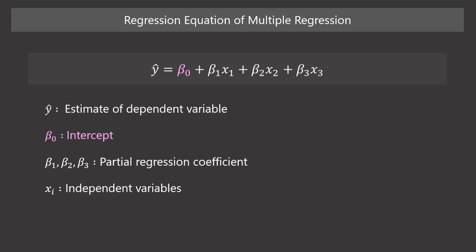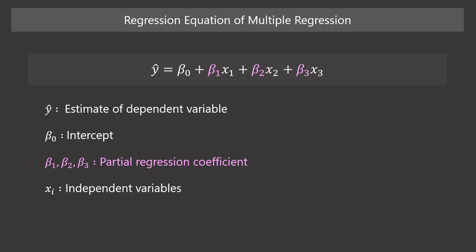Beta 0 is the intercept. It will be fixed as a constant value. This equation contains three independent variables, x1, x2, and x3. The beta 1, beta 2, and beta 3 are regression coefficients of each independent variable.